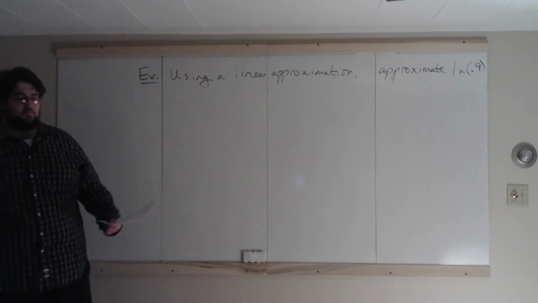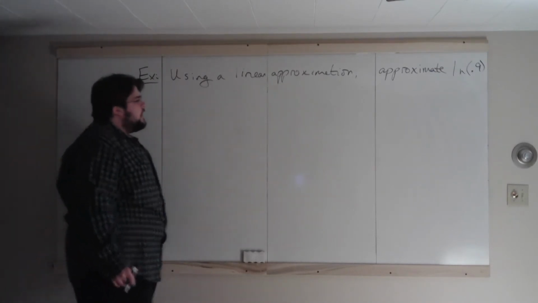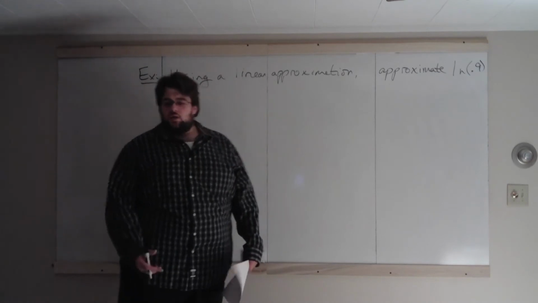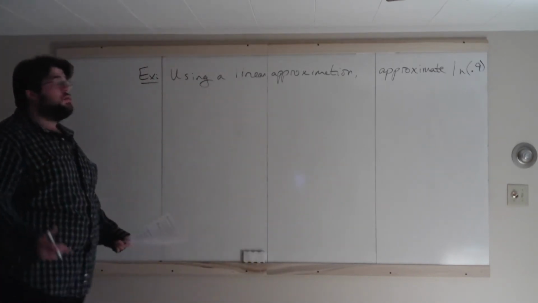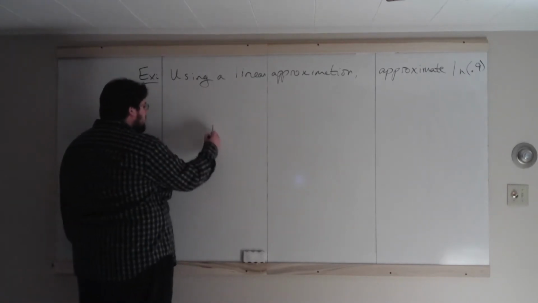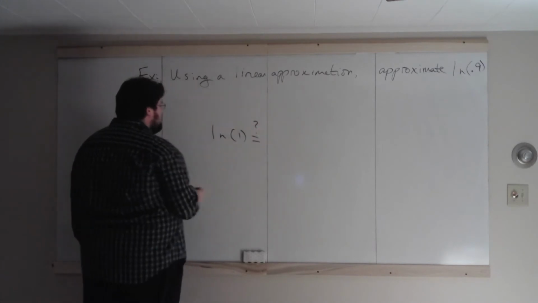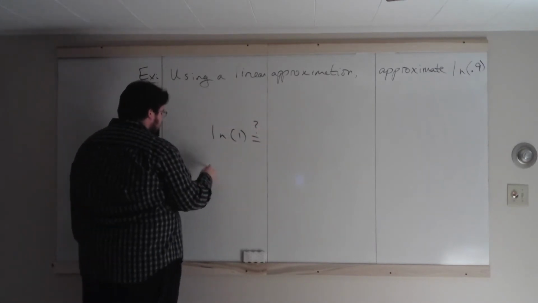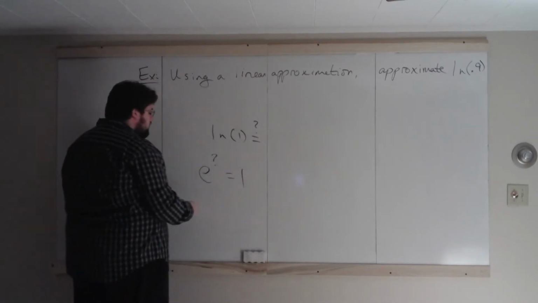So right here, I'm not telling you where to start your approximation. Now, it does say log of 0.9, so you might suspect that we should do our approximation near log of 1. And can we do that? Is log of 1 a value we know? What is log of 1? E to what equals 1?